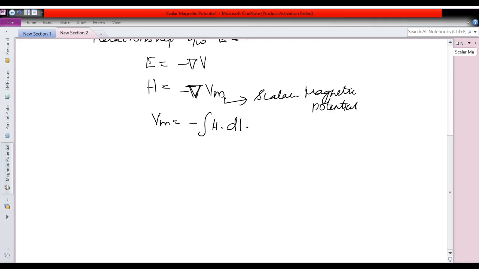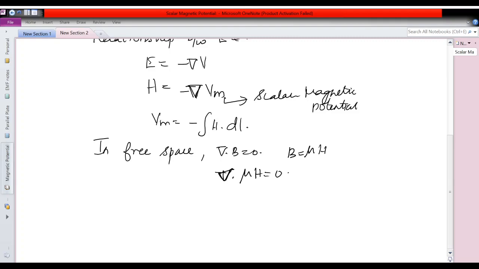In free space, always remember, del dot B is equal to 0. Now I am going to substitute B is equal to mu into H in this equation. So del dot mu H is equal to 0.